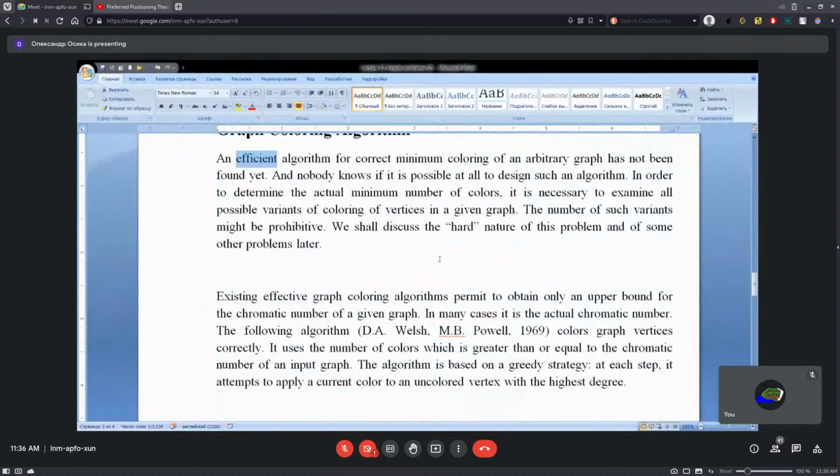And in this case, it is considered to be effectively solved. And such a problem is called polynomial. The amount of time depends on the input size as some polynomial, as some power of n of the input size.